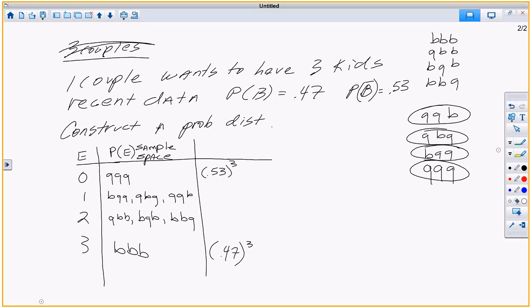Anybody see the easy way? Well, I'll write it out.